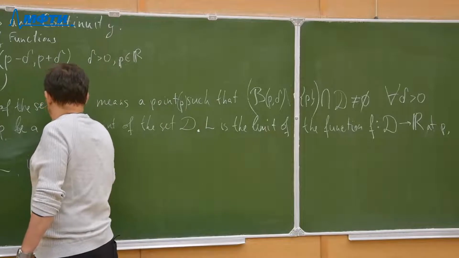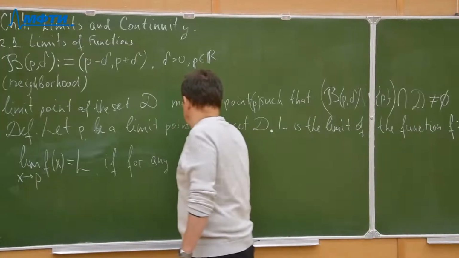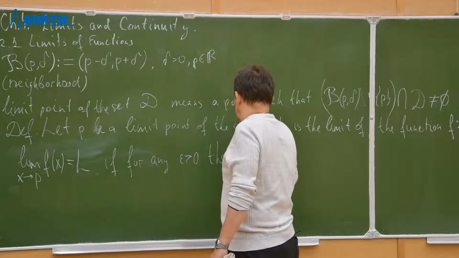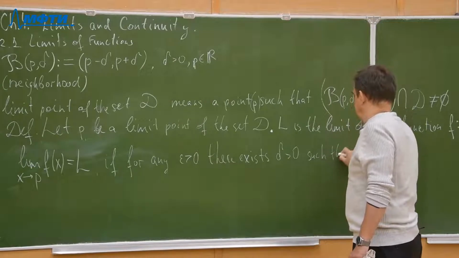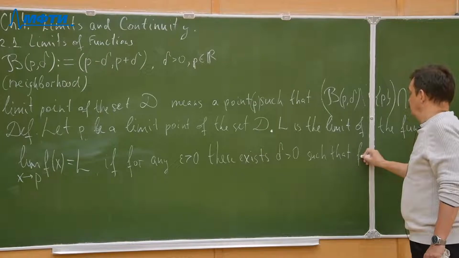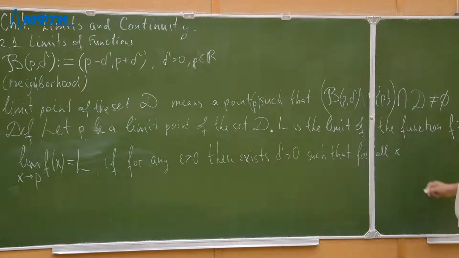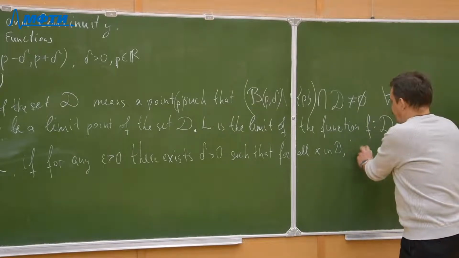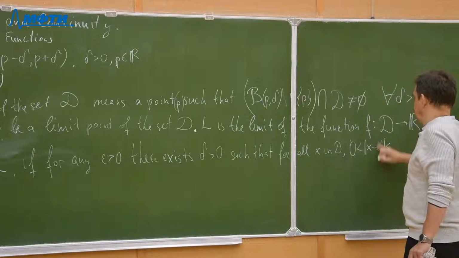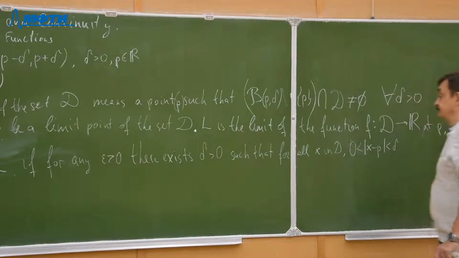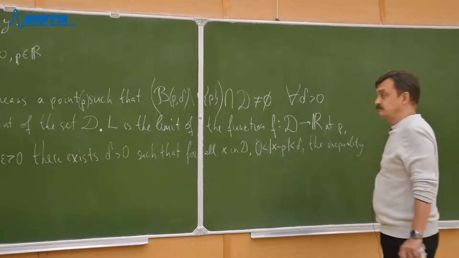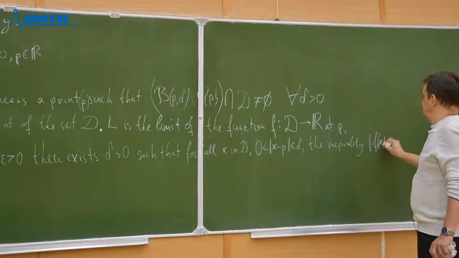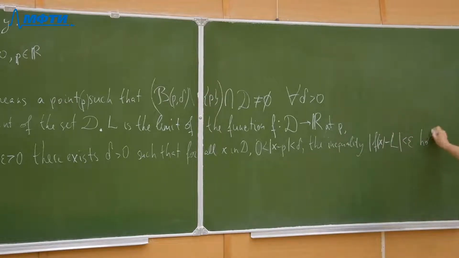if for any epsilon greater than 0 there exists delta greater than 0 such that for all x in D with 0 less than modulo of x minus p less than delta, the inequality modulo of f of x minus L less than epsilon holds.